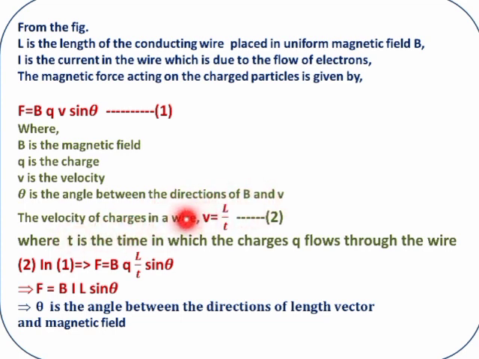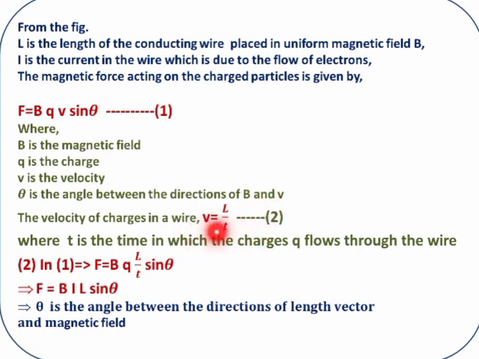We know the velocity definition. What is velocity? Displacement upon time taken. Here we can assume L by T, length of the wire divided by time, because electrons are flowing in that conductor, so we have to consider the length of that conductor with respect to time.